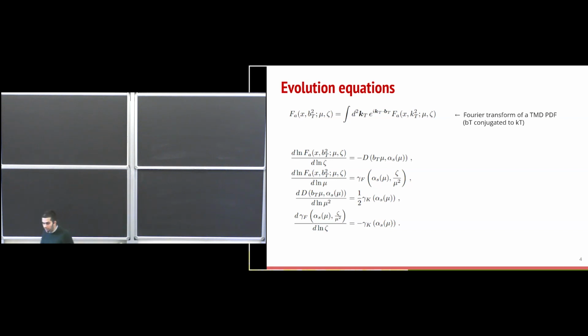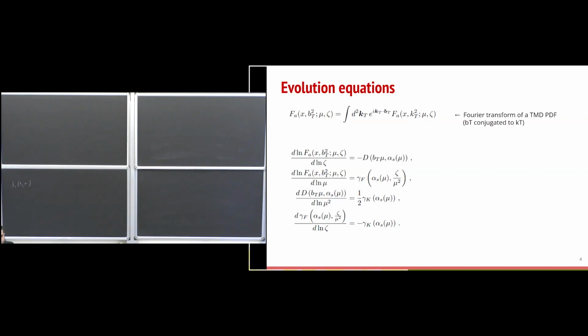Does anybody know why we have 2 scales and not just one, like in collinear PDFs? Collinear PDFs are objects where you have the light cone momentum fraction, the same variable you have there, and then you have mu, which is the same mu that you have here. Why do the 3D distributions have another scale?